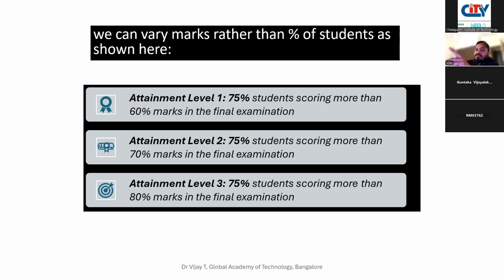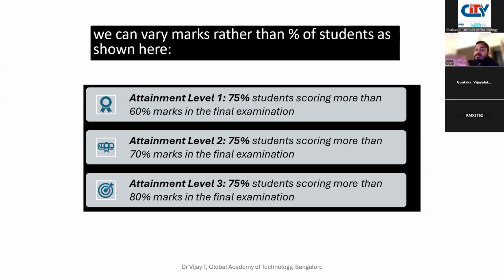Another method is varying the percentage of students and maintaining a constant target with respect to the marks being scored. Say 60% of students scoring more than 70, 80% of marks, level 3. 50% of students scoring more than 60% is level 1, 60% of students scoring more than 62, 60% of students scoring more than 73.